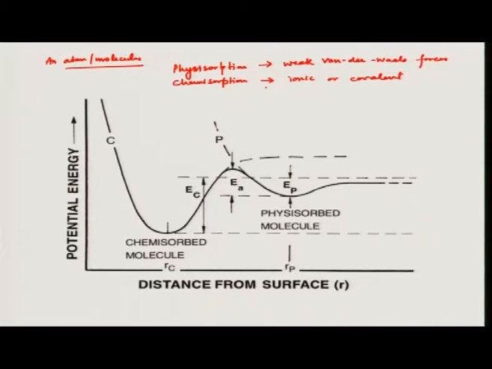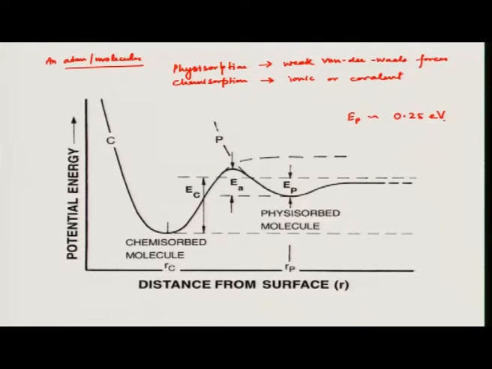Now, this graph shows how the potential energy of that atom or molecule changes as it approaches the surface. So, this is the distance from surface as it approaches. So, you can see that first it will get physisorbed, and this is the energy of physisorption, this EP, which is in the range of around 0.25 electron volts.